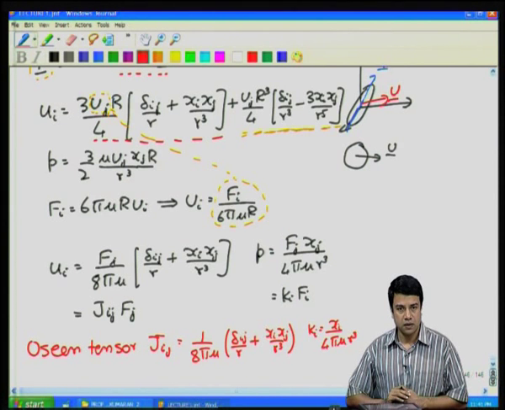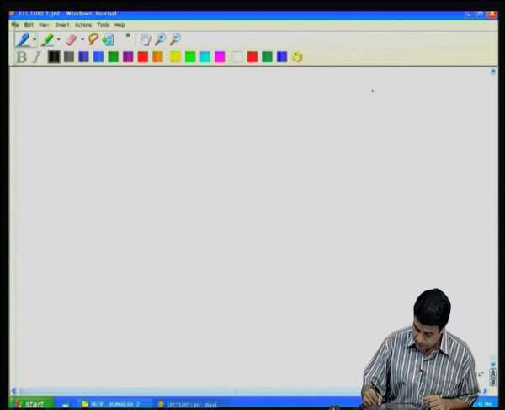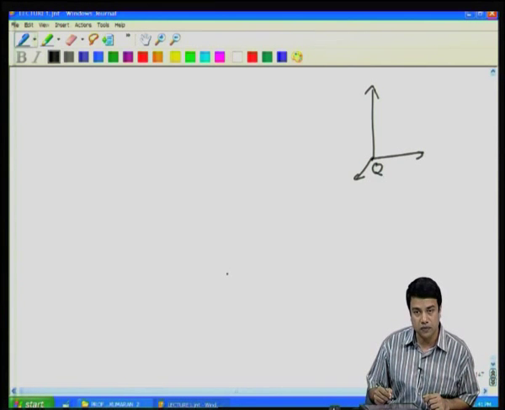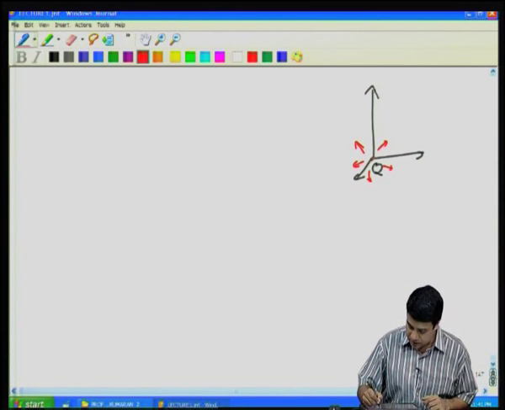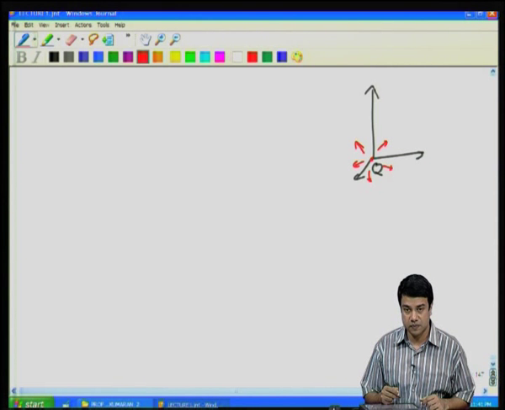To place this in perspective, let us go back to the solution due to a point source of heat. If you recall, I had said that if I had a point source of source strength Q at the origin, which is generating heat, this point source is non-zero only at this point. So, it is a delta function point source.